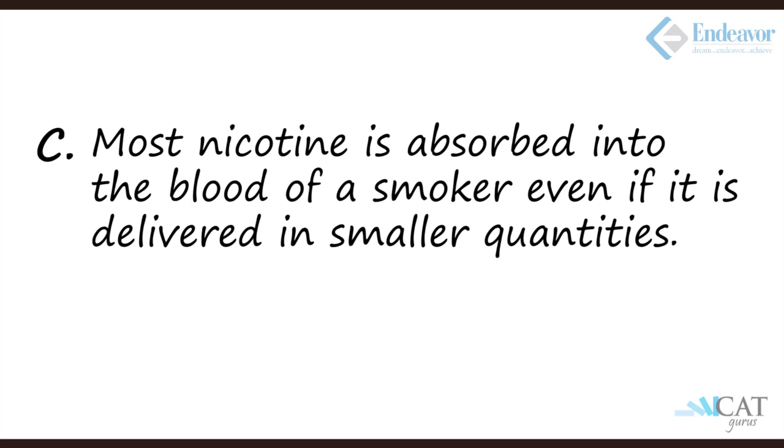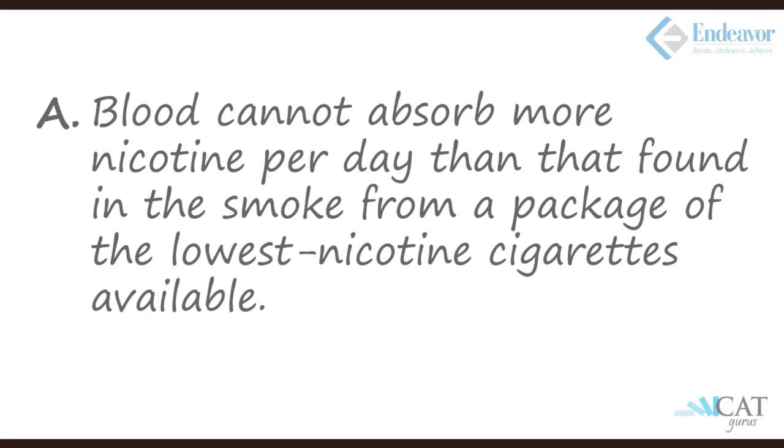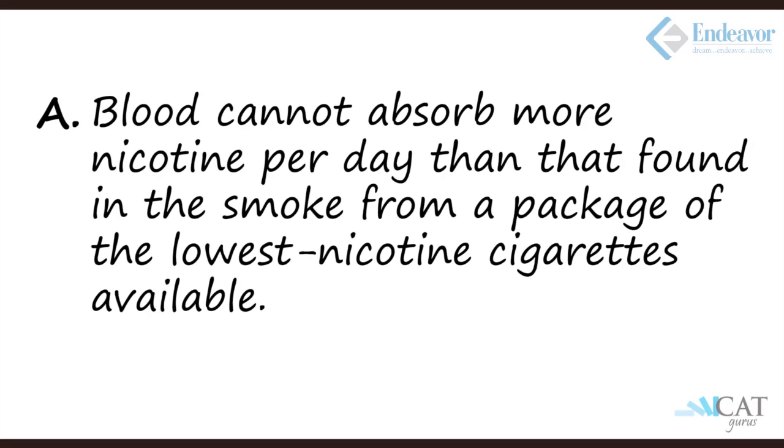Option C. Most nicotine is absorbed into the blood of a smoker even if it is delivered in smaller quantities. Does that still mean everybody will have equal amounts? No, does not help. Option A. Blood cannot absorb more nicotine per day than that found in the smoke from a package of the lowest nicotine cigarettes available.